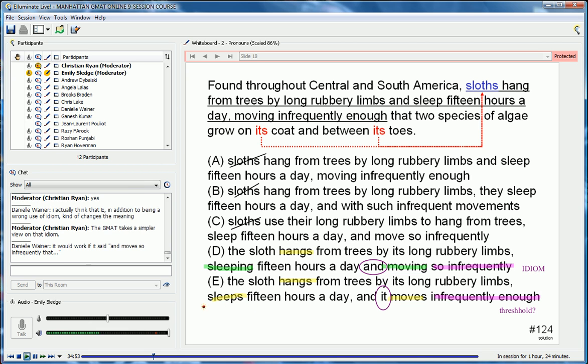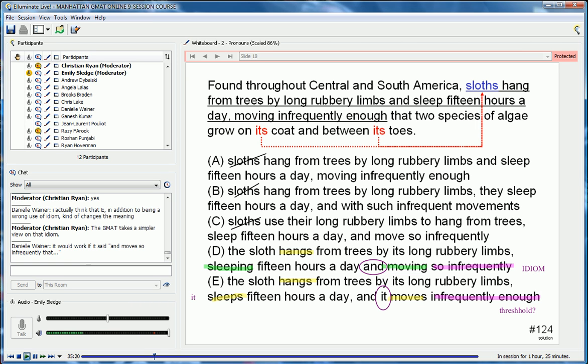The second item, though, is just sleeps, just a verb by itself. And here we have the sloth in pronoun form in front of the third verb. So E is actually not as parallel as it might first appear. If you had put an it in front of sleeps, then it might be a different story. You could probably argue that that's just as parallel, but as is, D is more parallel.